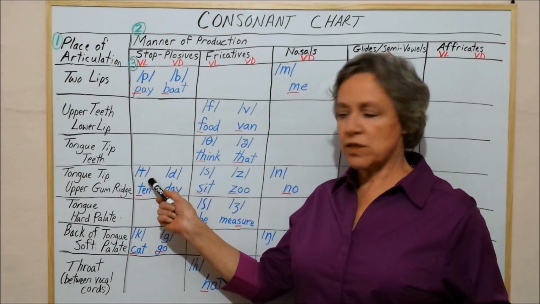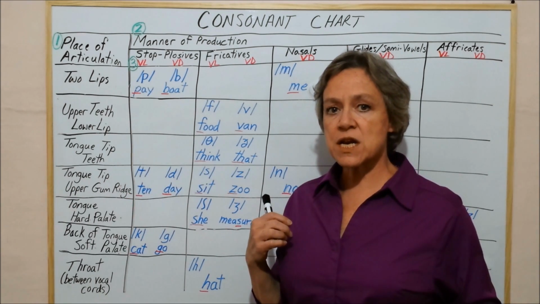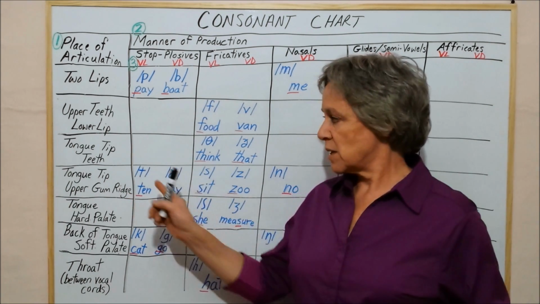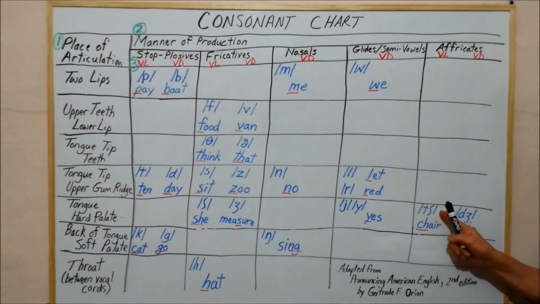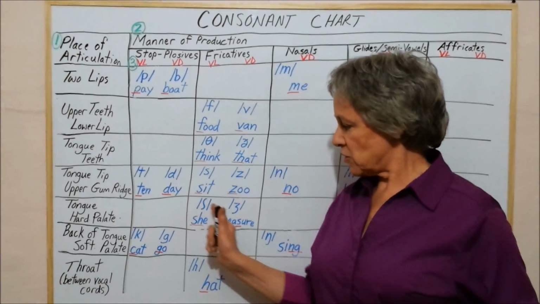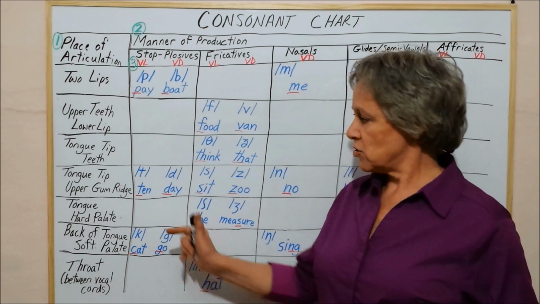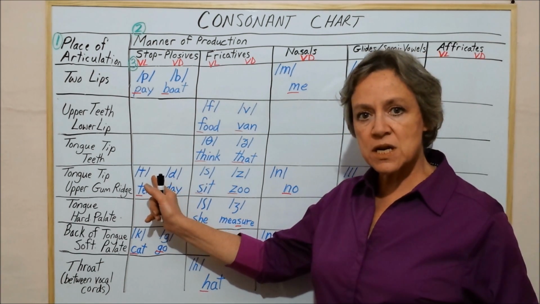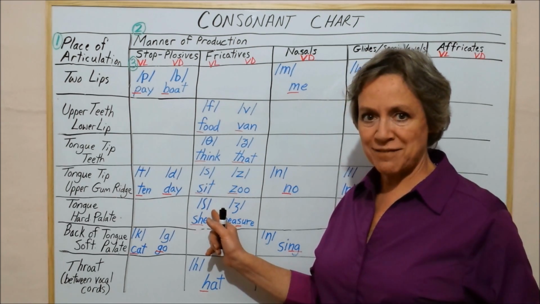T starts with the tongue tip on the upper gum ridge. But the sound we're talking about here also has sh, as in she. So we started with t, and we move into sh, okay?